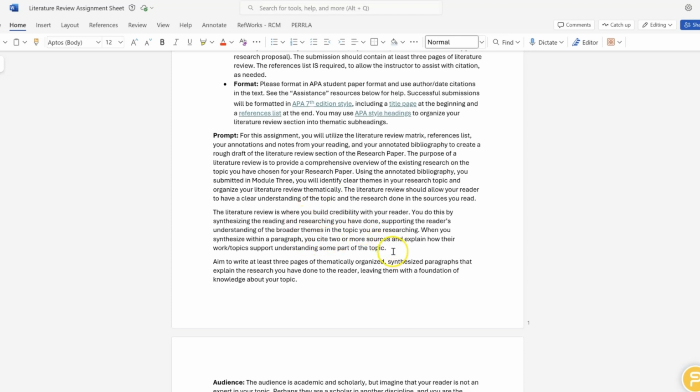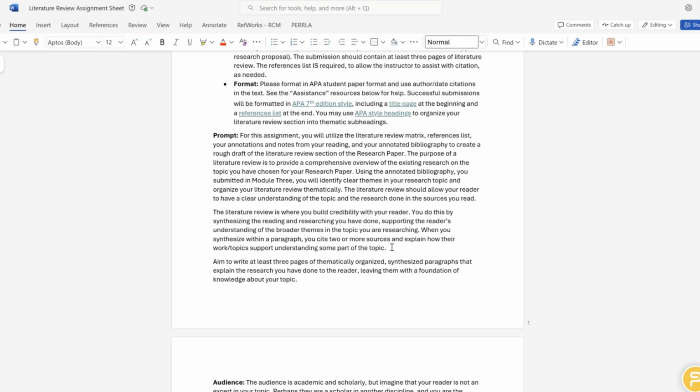One of the big concepts when you are creating this thematic organization for your literature review is synthesis. And again, this is something that we are practicing in both the write and the read track because that is how important it is. In effect, synthesis is when you take elements from one source, you compare, contrast, and combine them with elements from another source to synthesize the broader themes of what's happening.